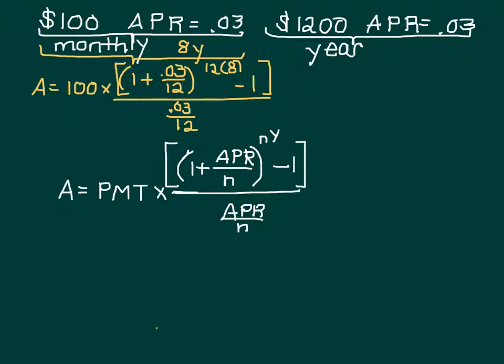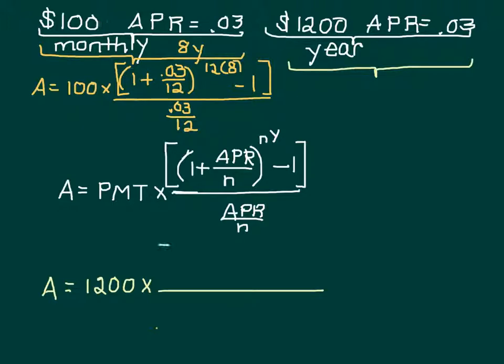And now over here, we'll look at Zach. The amount of money he will have after 8 years is, well, he puts $1,200 in per year times the ratio. In the numerator, it's 1 plus the rate, same rate, 0.03, but he puts his payments in only once per year, so n is 1, and that's raised to the n times y, n is 1, the number of years is 8, and we subtract 1 from that, so there's our numerator.